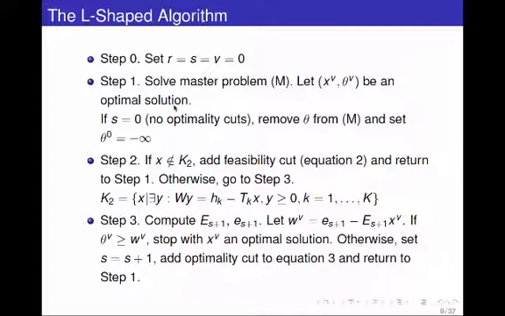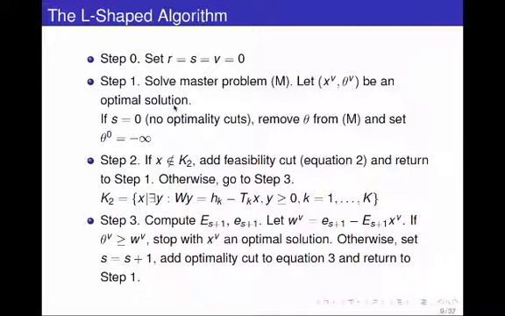Can you describe this in English or French? Can you translate this into something that looks less mathematical and more intuitive? Is it the collection of x's, the collection of first stage decisions, such that I can find the second stage decision that can satisfy the second stage constraints?